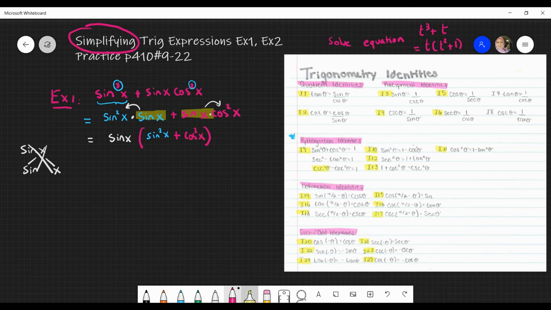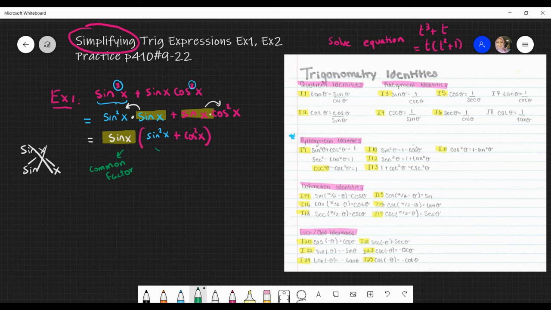The highlighted part is the common part. That's what I put right here in front of the parentheses, and I'm going to label this as a common factor. In parentheses, what's left from the first term is the sine squared, that's that blue part. And what's left from the second term is that cosine squared, which is the pink part.